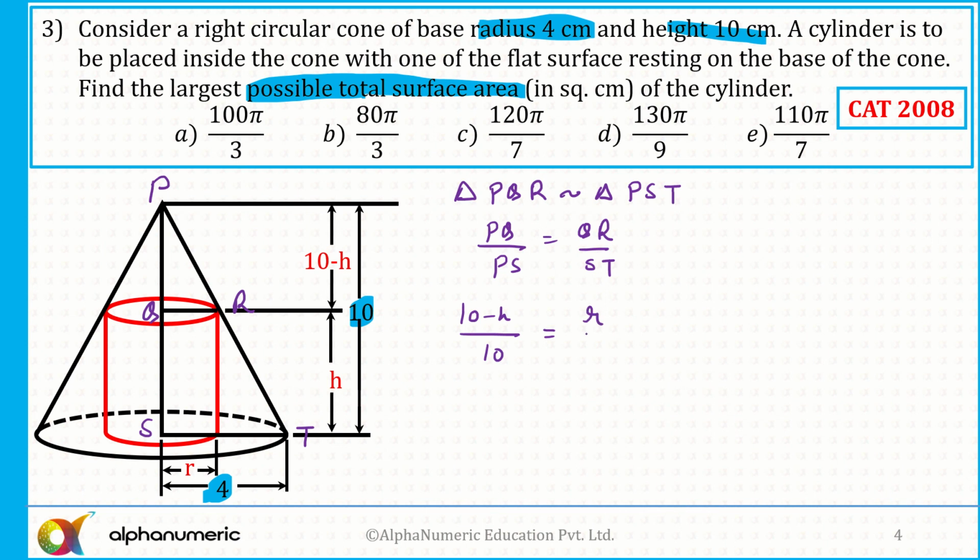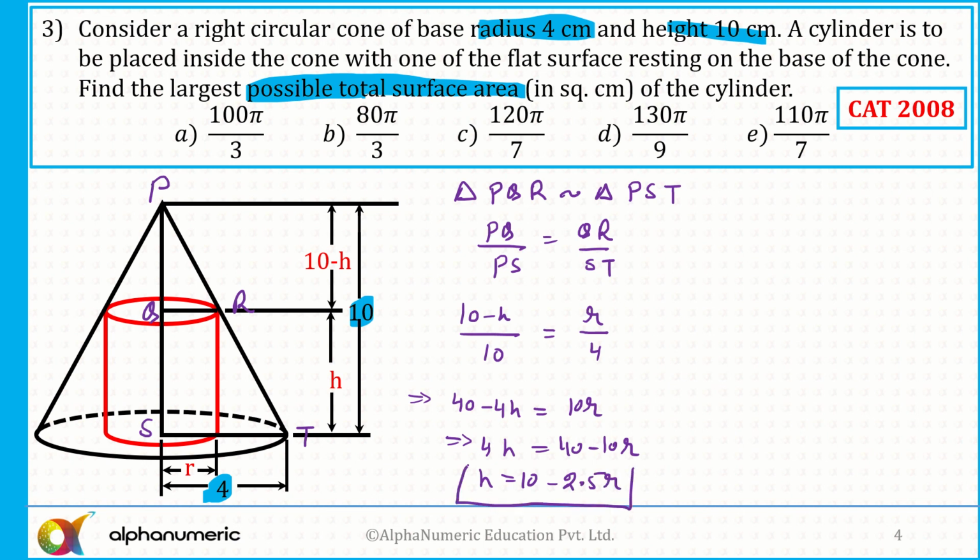That is R. And what is ST? The radius of the cone, which is 4. If you solve this equation, what will I get? 10 into 4, that is 40, minus 4H is equal to 10R. So 4H is equal to 40 minus 10R, or H is equal to 10 minus 2.5R. So the height is equal to 10 minus 2.5R in terms of radius.